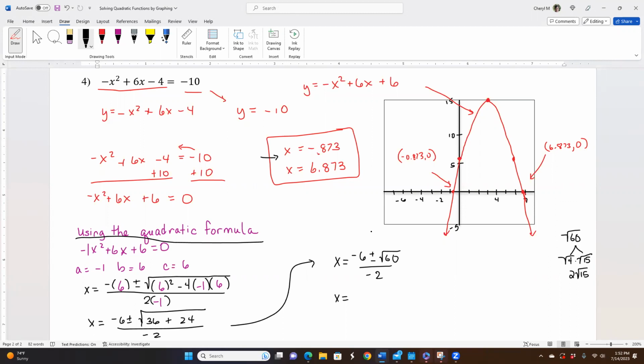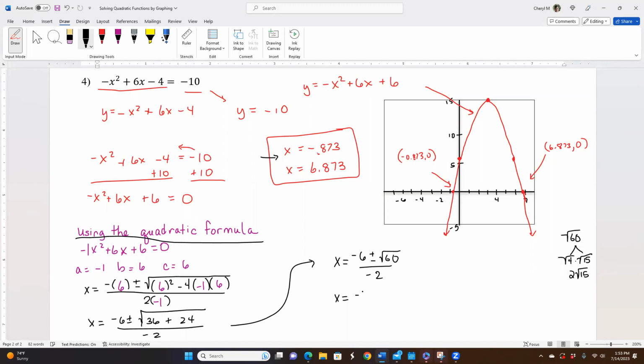Now, simplifying this can sometimes be challenging for folks. We want to remember that you can simplify the square root of 60 by looking for a perfect square number that will multiply into 60. As it turns out, 4 does multiply into 60. 4 times 15 is 60. And the square root of 4 becomes the whole number 2.